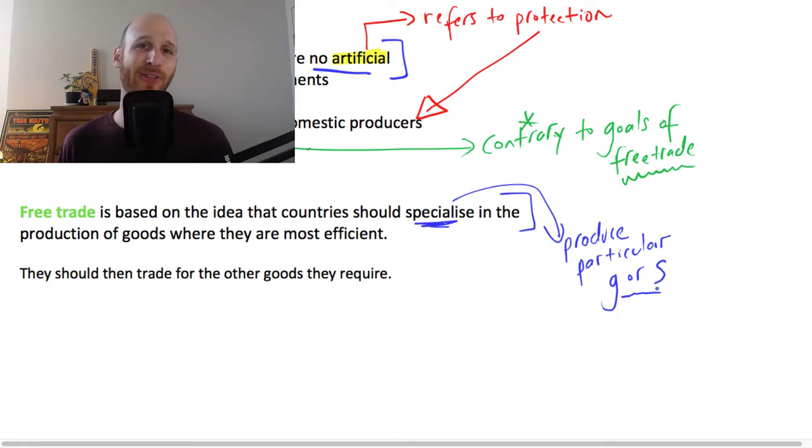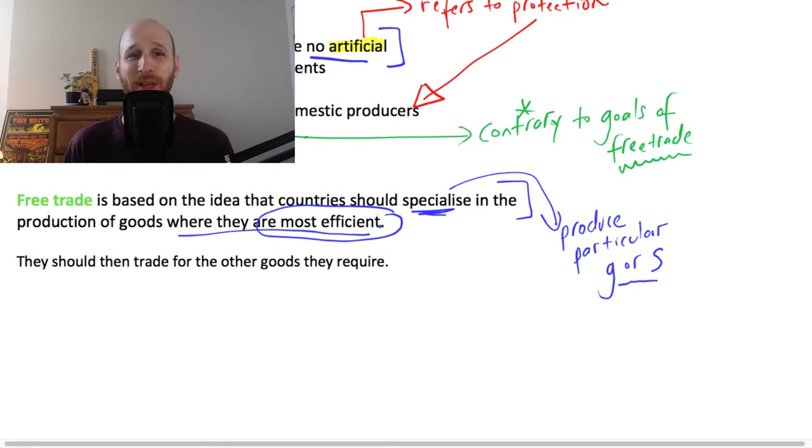So if you think about it, let's say you're really good at soccer and volleyball, and at some point the coaches say, well, you have to specialize in the sport in which you are the best. So with free trade, the idea is countries specialize and they only produce particular goods and services where they are the best, where they are most efficient. And when we talk about most efficient, what we really mean is this.